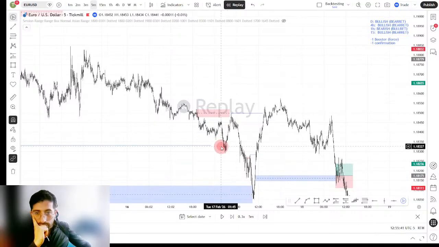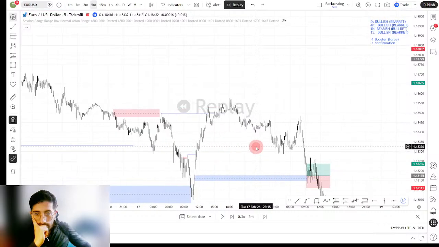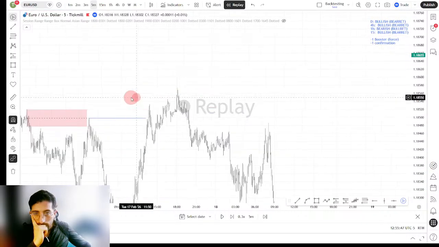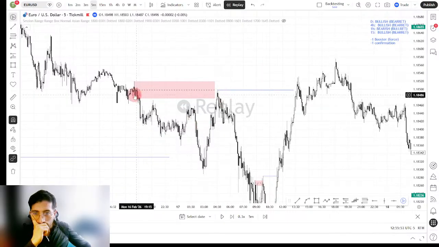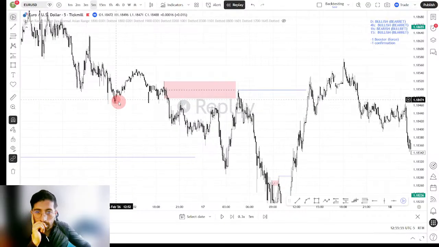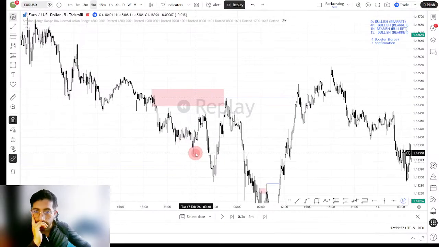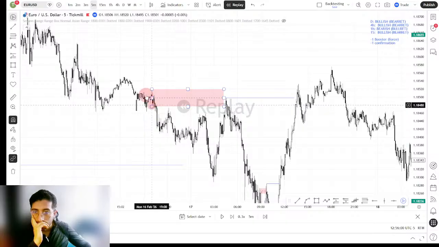5 minutes trend line was broken. This was the high, sell. The closest range beginning in 5 minutes after this breakage was this one.